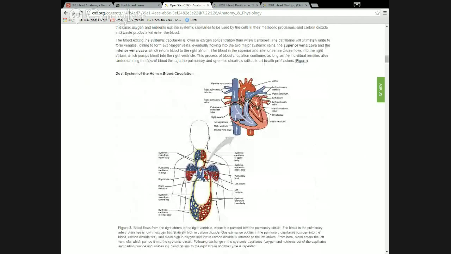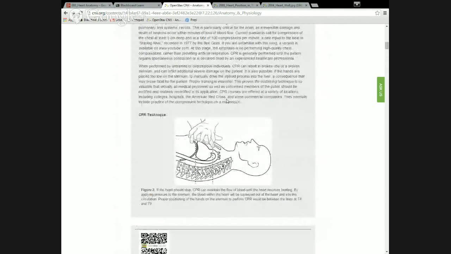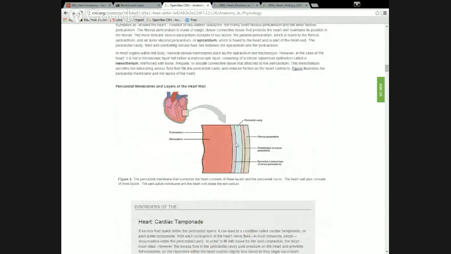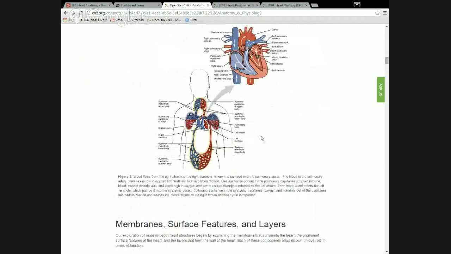So what I just skipped over there, so I was talking about the position of the heart up above here, and then I jumped down here to talk about the layers of the heart wall, which kind of really follows that pericardium thing. Then the next thing I want to cover, which is what I jumped over here, is somewhat summarized in this picture, which we'll get to in a second.